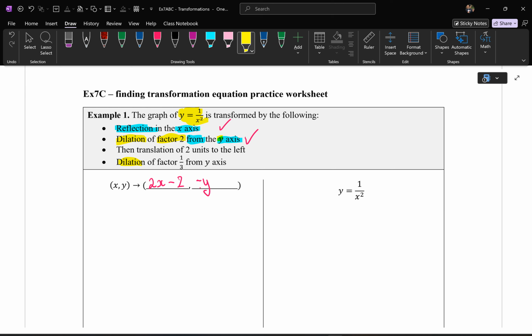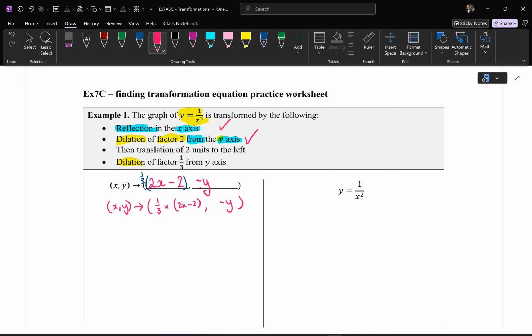So I actually gave you 2 horizontal stretches there because I wanted you to think about that. What I'm really saying here is that I'm multiplying it all by an extra third. Can you see that? If I rewrite it, x, y maps to 1/3 times the 2x minus 2.